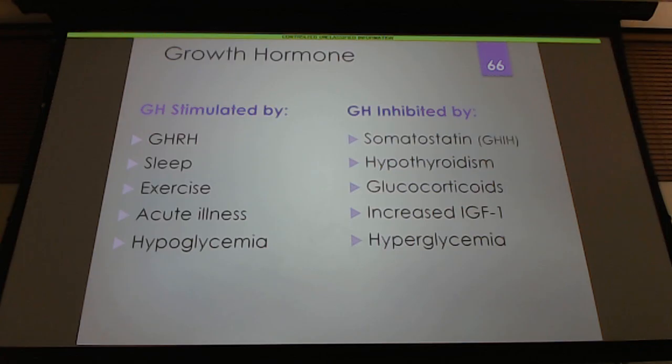The big thing on here, I think, is glucocorticoids. Knowing if you're taking glucocorticoids, that can inhibit growth hormone. Obviously increased IGF, right? As IGF goes up, we're going to inhibit growth hormone through that negative feedback loop. And hyperglycemia. Knowing that hyperglycemia, so high blood glucose, inhibits growth hormone, we're going to use that in the lab, and we'll talk about that in a few slides.